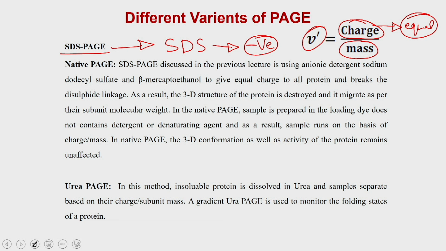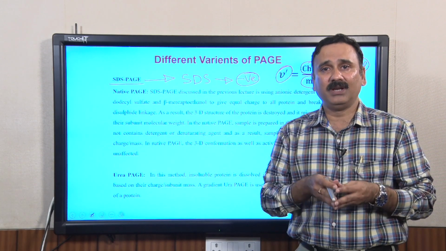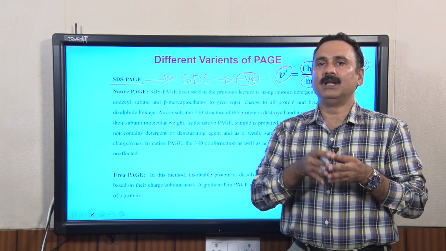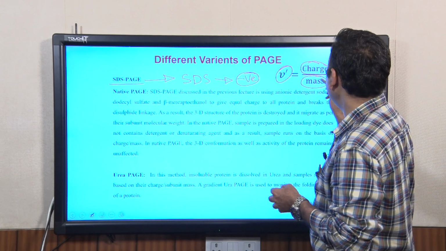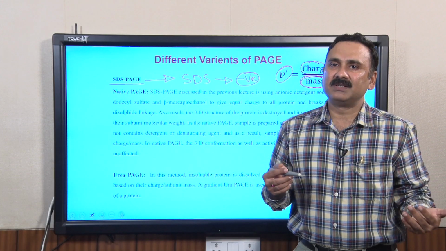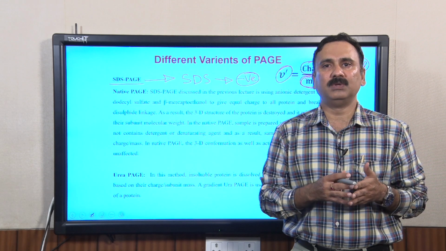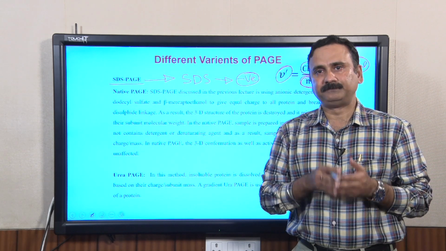Second, all the proteins are going to have an equal negative charge, and as a result the proteins are going to migrate based on their molecular weight, which means the protein of higher molecular weight is going to run slower, and the protein of lower molecular weight is going to run faster, because the electrophoretic mobility is inversely proportional to the mass of that particular protein.